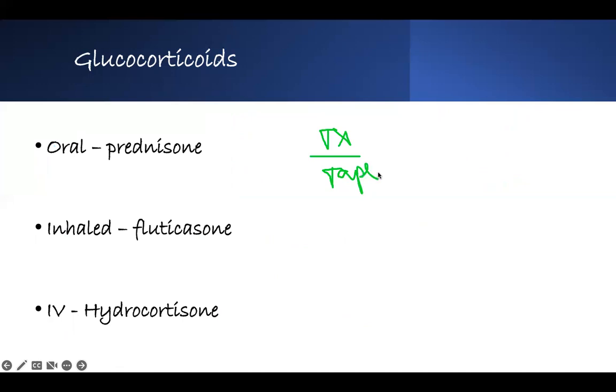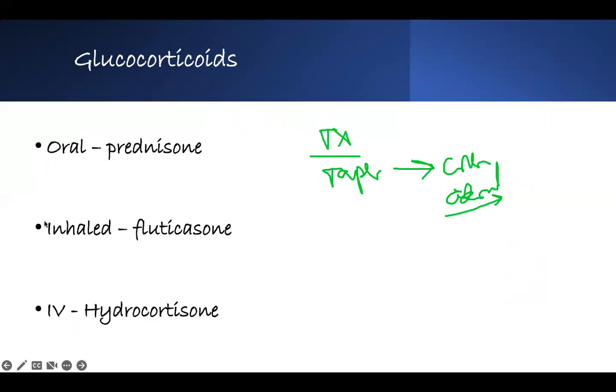We will taper it. Otherwise, what do you think happens? Well, they go into adrenal crisis. We don't want adrenal crisis because your adrenal gland shuts down and they will be in shock. Hypotension, hyponatremia, hyperkalemia, all the things you expect in adrenal crisis. We don't want that.